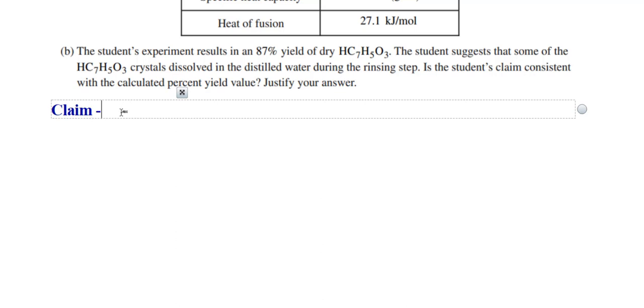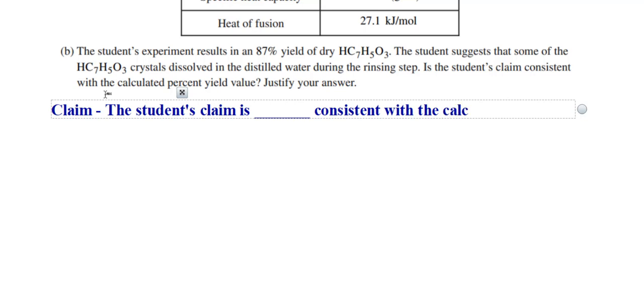My claim is that the student's claim is consistent with the calculated percent yield value. Okay? And so my claim is, is it consistent or is it not consistent? I got to determine that.